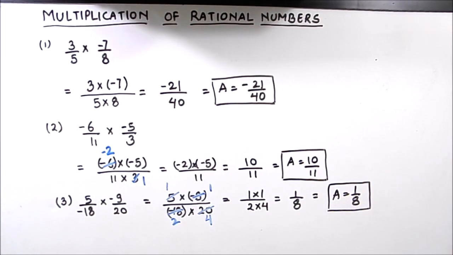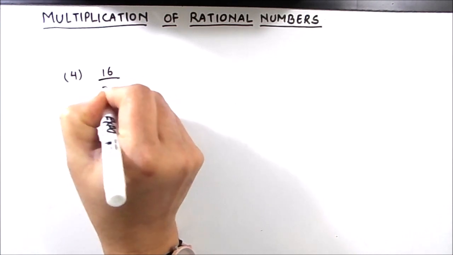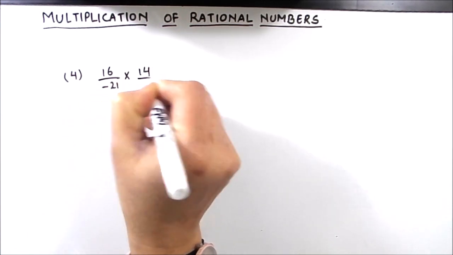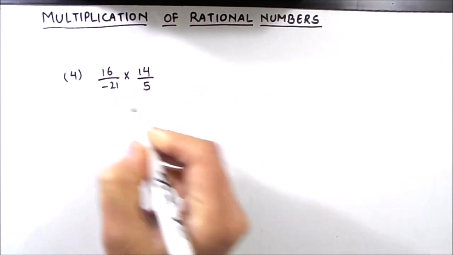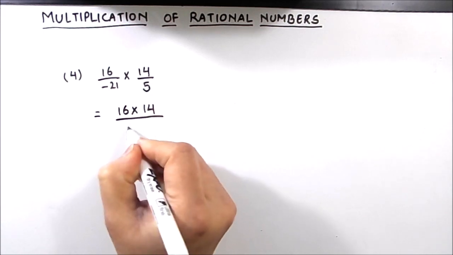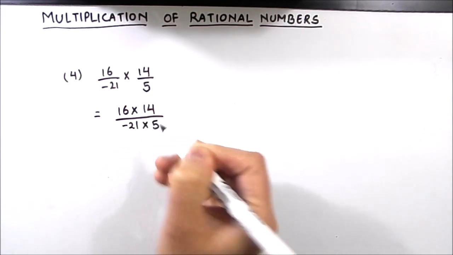Let's move on to our next example. So fourth example is 16 by negative 21 times 14 by 5. The numerator of one rational number will get multiplied by the numerator of the other, and the denominator of one will get multiplied with the denominator.